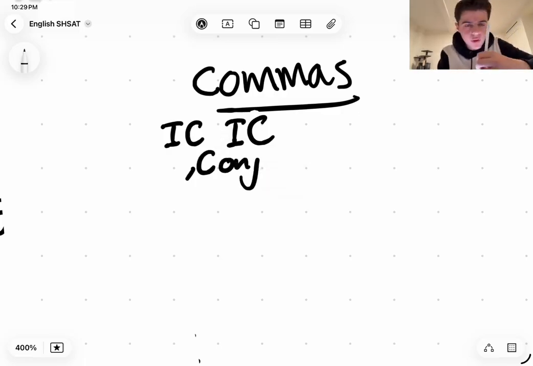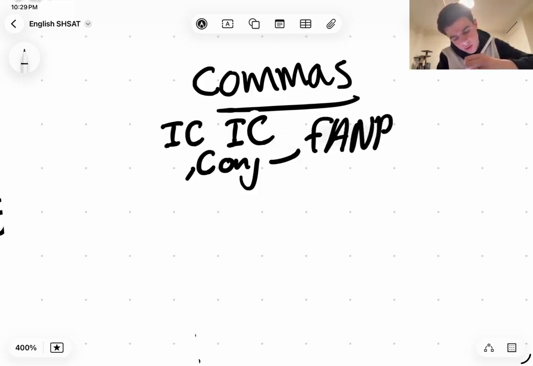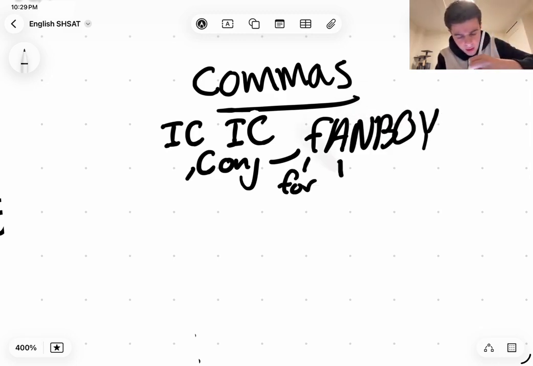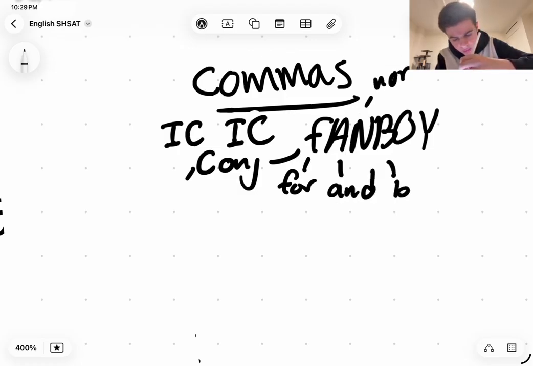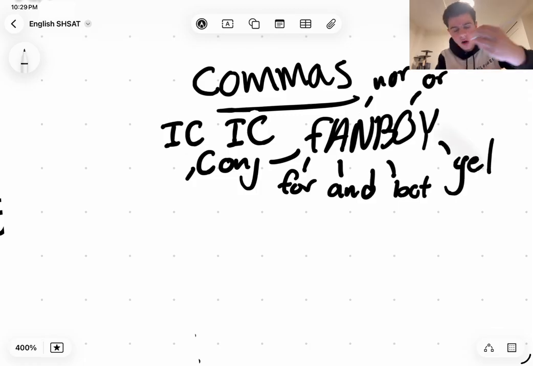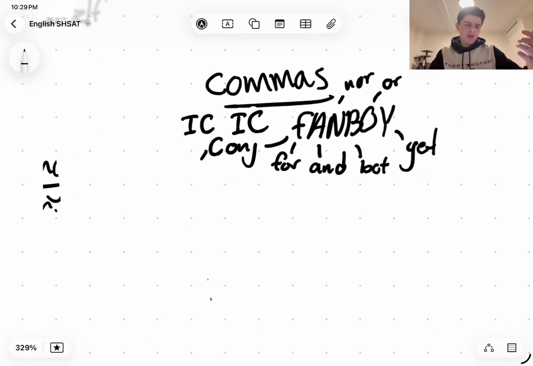And the easy way to remember conjunctions, I think I said this in another video, is the acronym FANBOYS, right? This gives us our common joining words. So for, and, nor, but, or, and yet. These are common combining words. And these are probably what you need to remember.